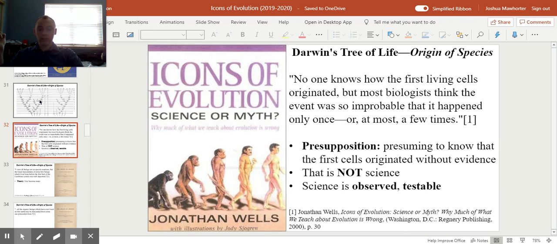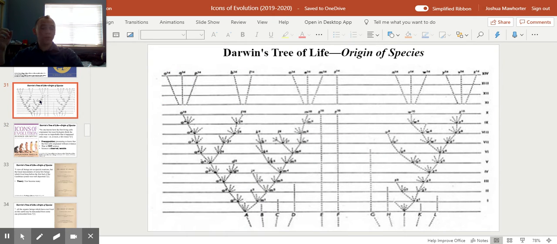And one we're going to look at today is Darwin's Tree of Life from the Origin of Species. Darwin drew out this drawing in his Origin of Species of this idea of the Tree of Life. And as you can see down here, it starts with these letters from the alphabet. And the theory was that this tree would continue to branch out and grow as descent with modification happened, as natural selection took place.